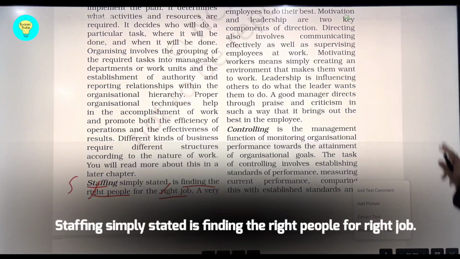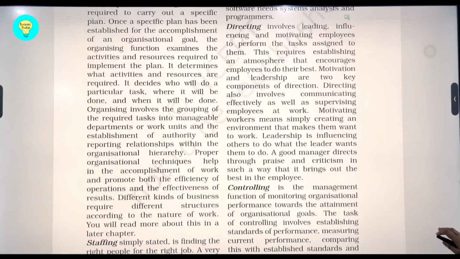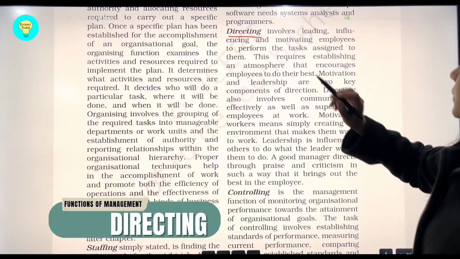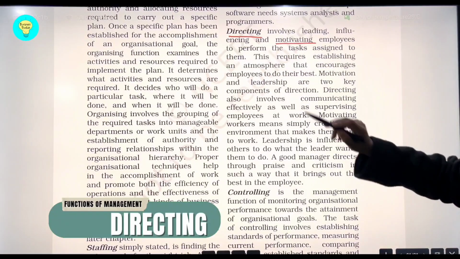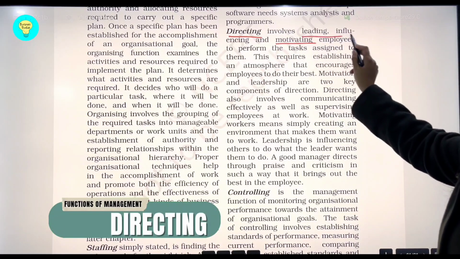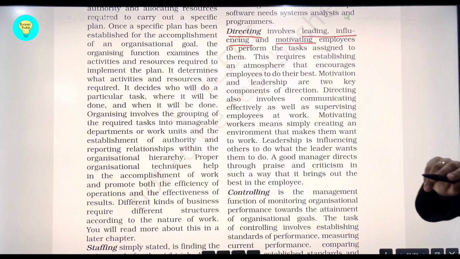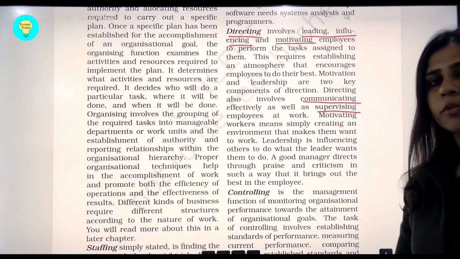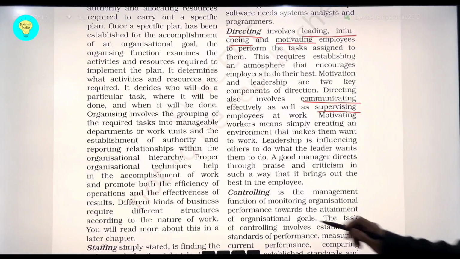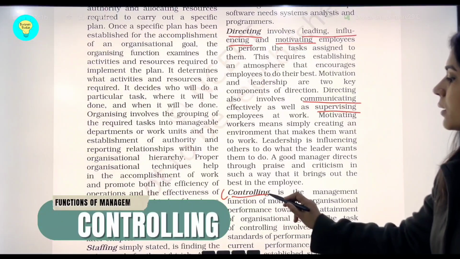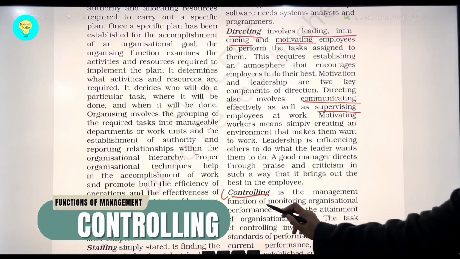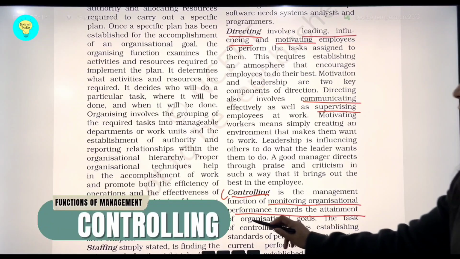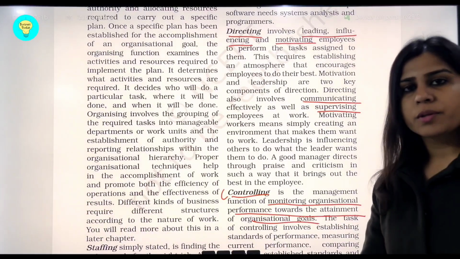Then the next function, that is directing, has motivation, leadership, influencing, then communicating and ultimately supervising the task of the employees. While the last function, controlling, relates to monitoring organizational performance towards the achievement of organizational goals.